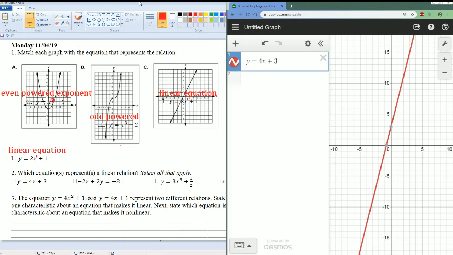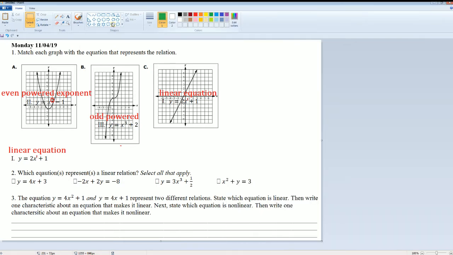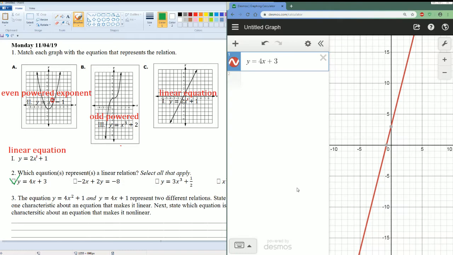Yep, that is linear, so let's get a green check mark right here. And the next one was negative 2x plus 2y equals negative 8. Oh, that is also linear. You see?